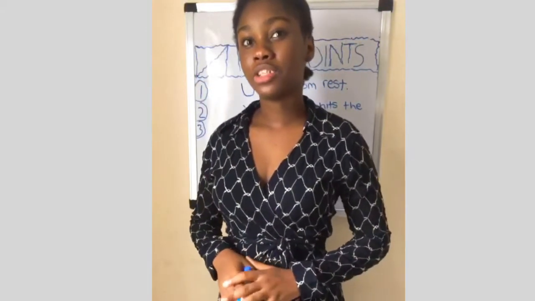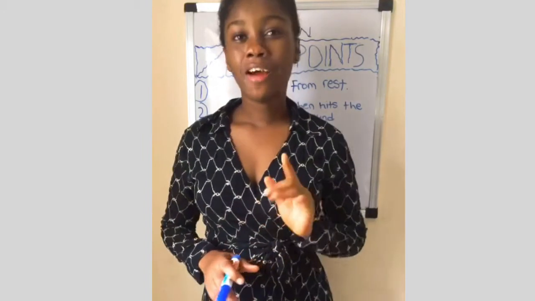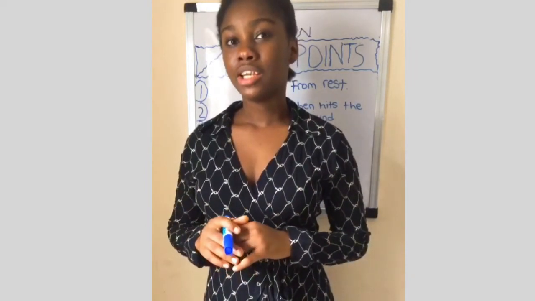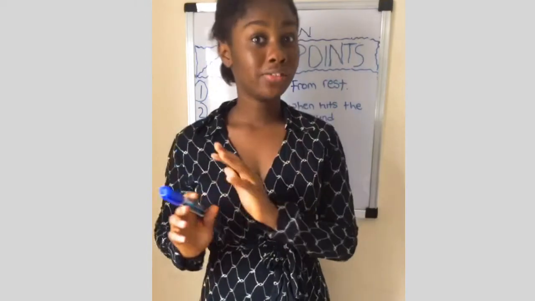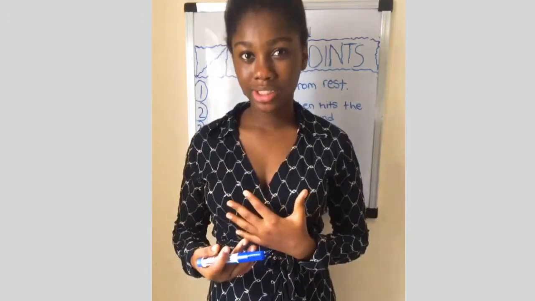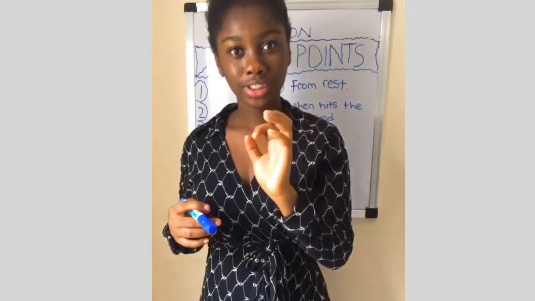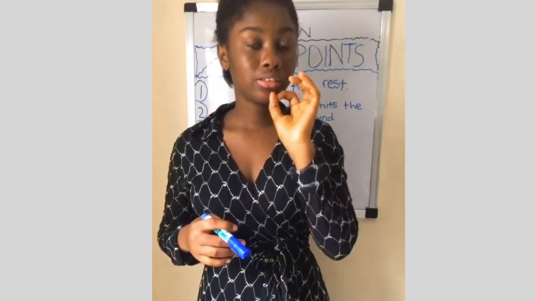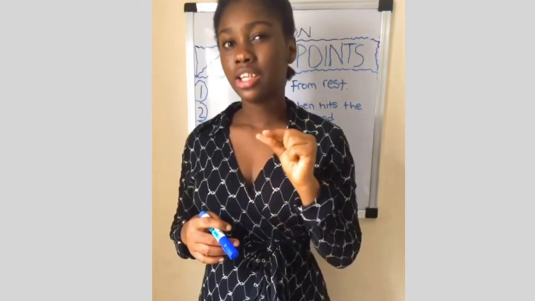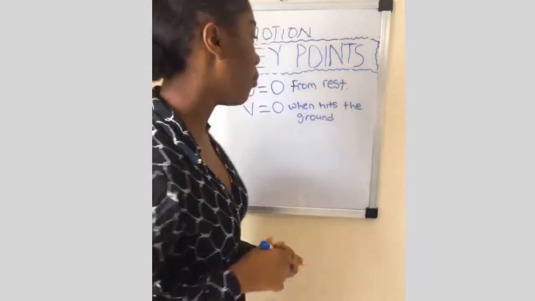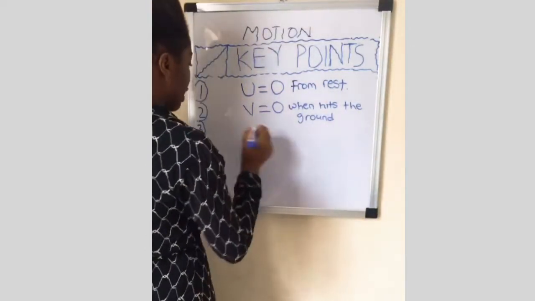Point 3. When a body travels at uniform velocity, acceleration is equal to 0. Remember from my previous videos, when a body travels at uniform velocity, it means the body travels equal displacements in equal times, no matter how small the time interval is. So when a body travels equal displacements in equal times, the acceleration is equal to 0. And remember, a denotes acceleration, small letter a to be precise.